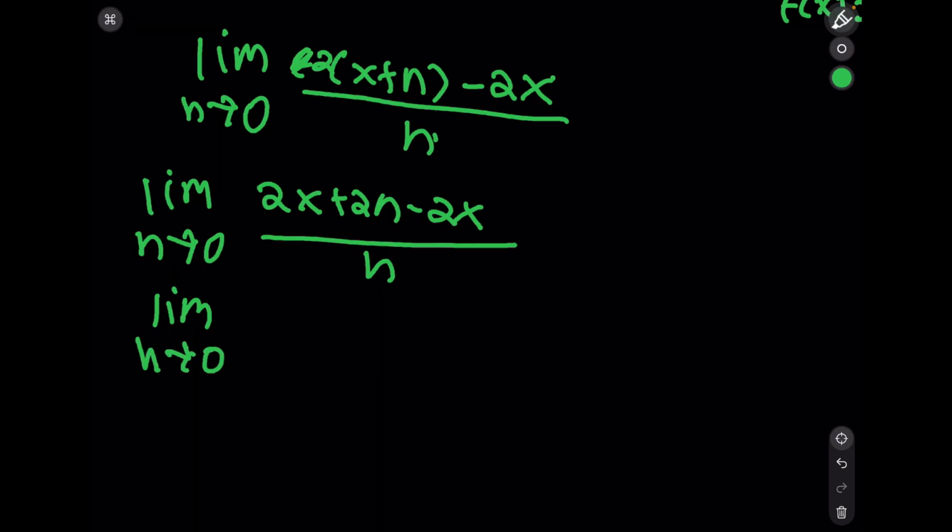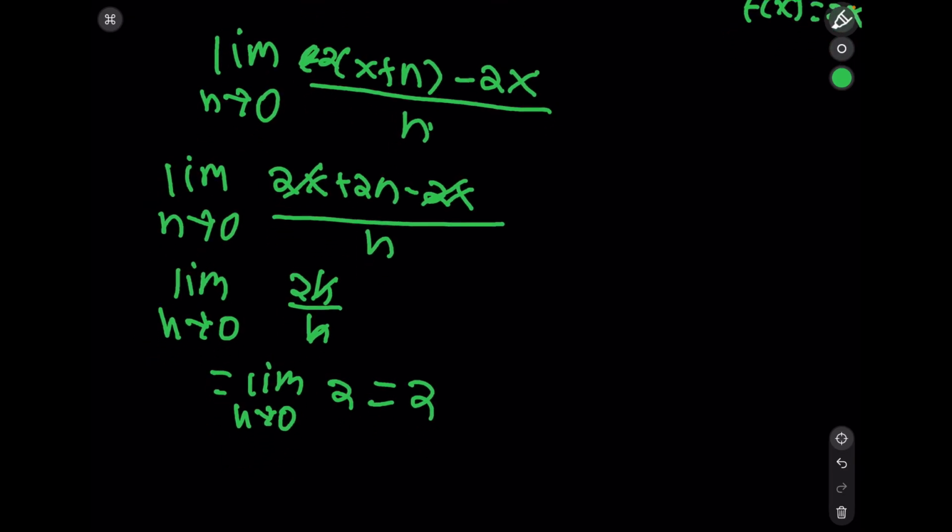The 2x minus 2x equals 0, so we're left with 2h over h. Both h's simplify, so we're just left with the limit as h approaches 0 of 2. If you saw my other limit video, you would know that the limit of any constant is just the constant itself.